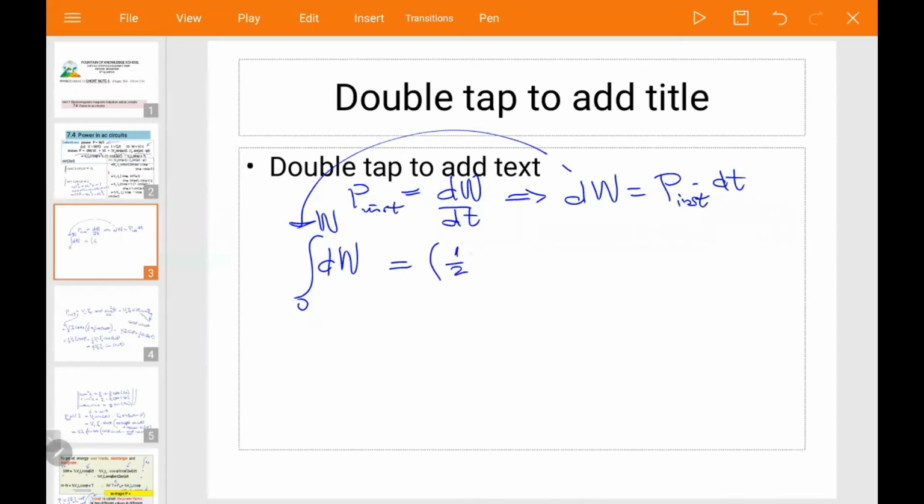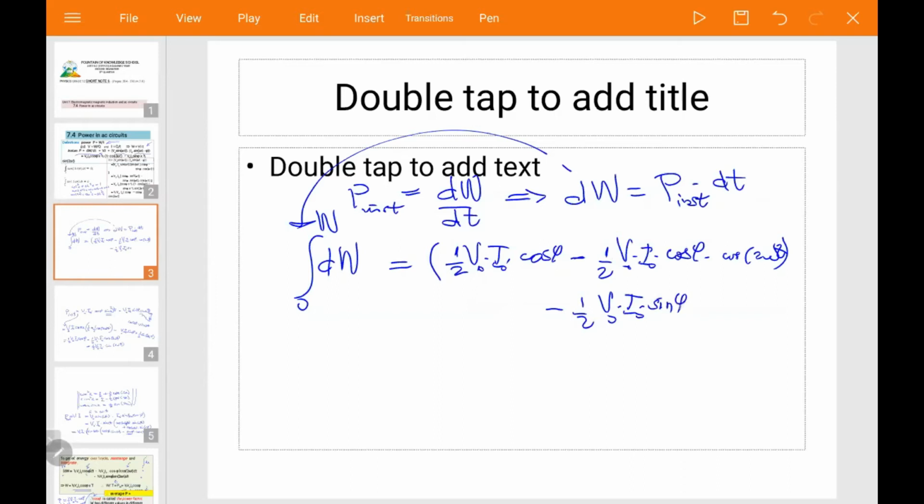You shouldn't forget: a half, V0, I0, cos phi, minus a half, V0, I0, cos phi, times cos of 2 omega t, and minus a half, V0, I0, sine phi times sine of 2 omega t.